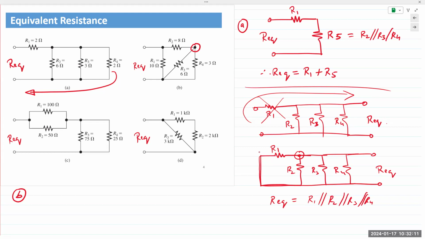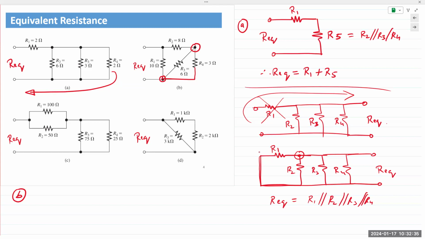However, if I look at the other end of R4, it is connected to the other end of R3. So both R4 and R3 have connected terminals at both ends. So what does that mean? In parallel.